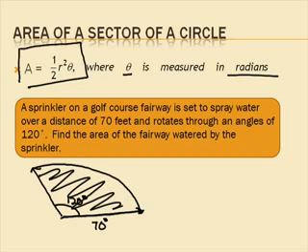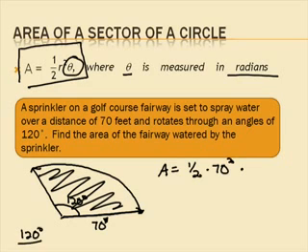All right, so to figure out what this is, then we're going to use that formula. Area is equal to 1/2 radius squared. It's 70 feet, so our radius is 70, and we got to square that, times the angle in radian measure. Well, guess what? It's not given in radian measure, so we got to convert 120 degrees to radians.